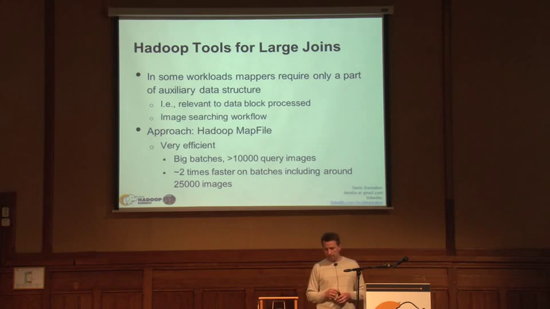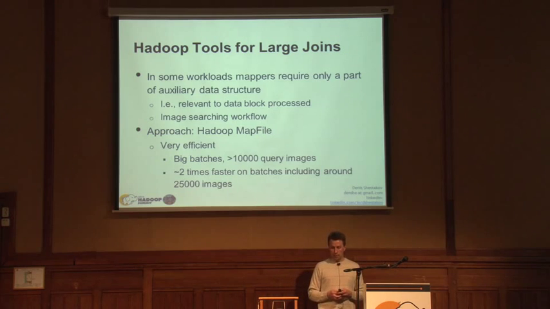Then another feature that we used is called Hadoop MapFile. This is a less known feature, but essentially our data set was binary data converted into sequence files, and the MapFile is essentially an index over your sequence files.